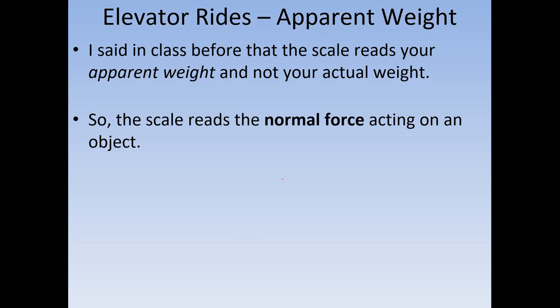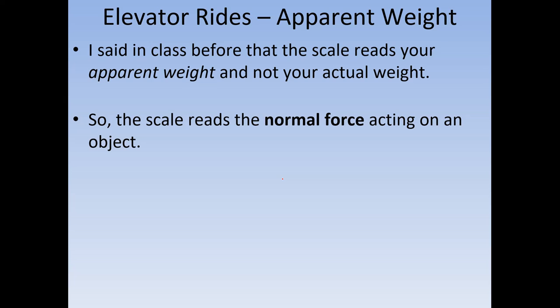And it turns out that if we stand on a scale, which measures weight, it would actually not measure our actual FG value, but it measures our normal force. This makes sense when you stand on a scale. It measures a number, but if I push down on you, I don't change your weight because I'm not changing m or g, FG equals mg, but I am adding an additional downward force.